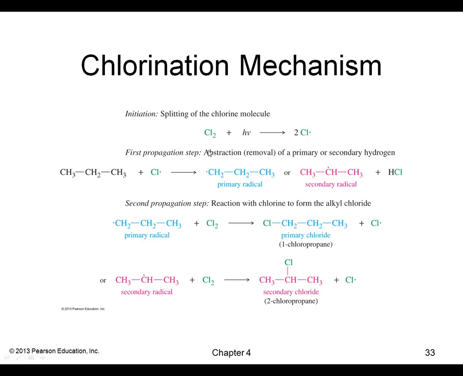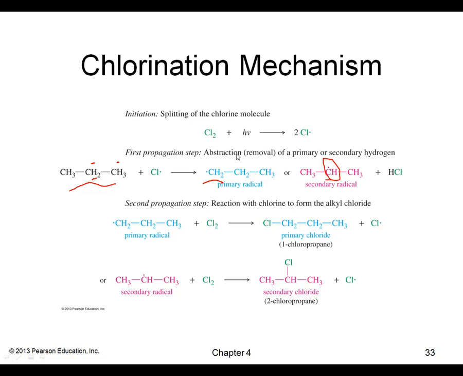Okay, looking at the mechanism here for chlorine reacting with propane. Note there are two different types of hydrogens. You have a primary here and a secondary here. So the chlorine could attack a primary hydrogen to form a primary radical, or it could attack a secondary hydrogen to form a secondary radical.